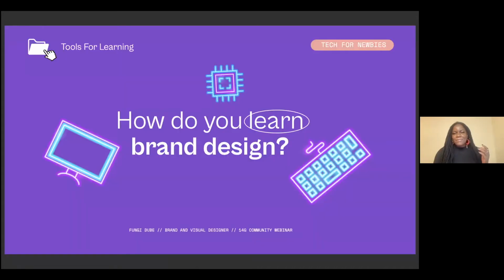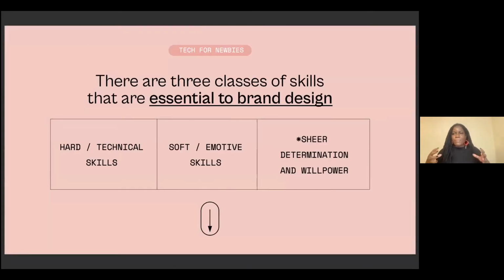Like I said, Chisa has gone through most of the resources that you need to learn, but I have basically broken it down into 3 classes of skills that are essential to brand design. So the first one being your hard, technical skills, and then you need your soft, emotive skills. And I included this here. It may not constitute a skill or a class of a skill, but you definitely need to be determined and you need to have the willpower.